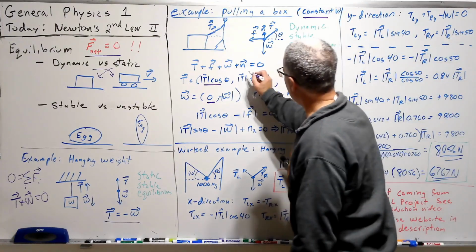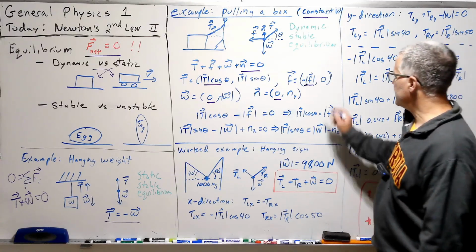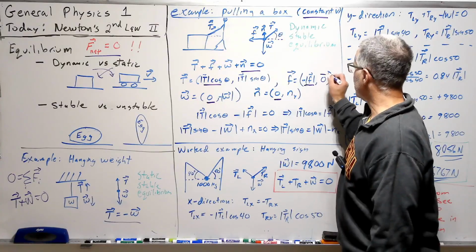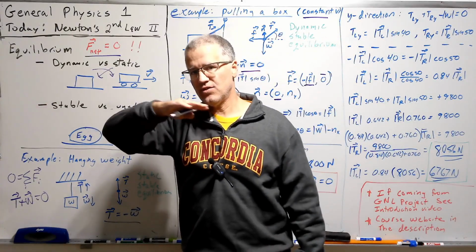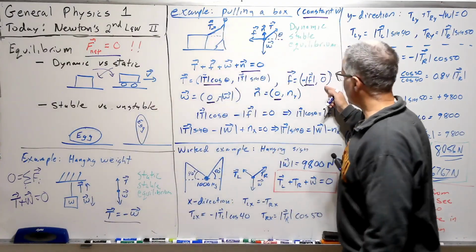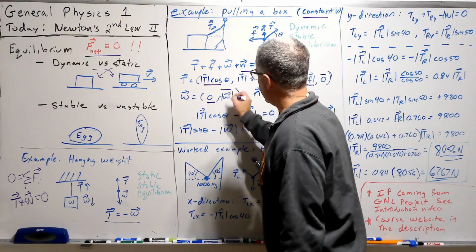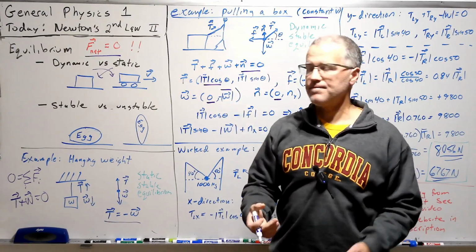And I'll put an over bar here on the y component. That's going to be sine of this angle times the tension. The frictional force is tangent here, so that's going to be lying, in this case, horizontally. So that has no y component. The weight is negative, so minus mg.